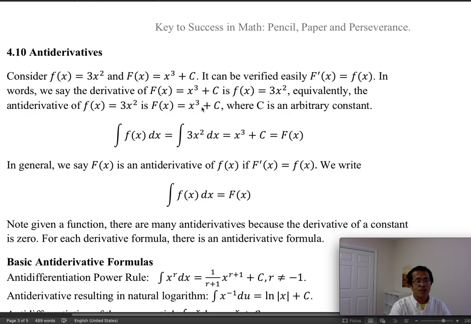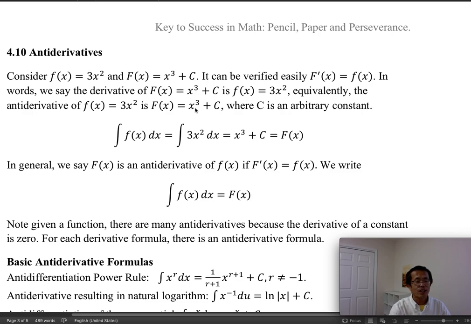And also, as I mentioned earlier, with or without this constant, when we take the derivative of x cubed plus a constant, it is always 3x squared. So I'm saying, really, given a function, there are many antiderivatives. And it's worth mentioning those antiderivatives differ by a constant.